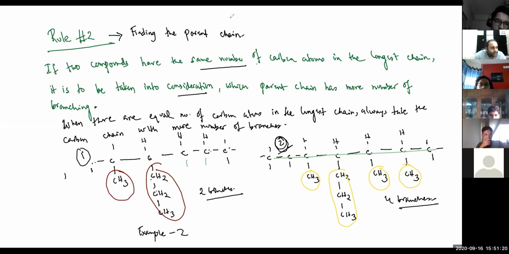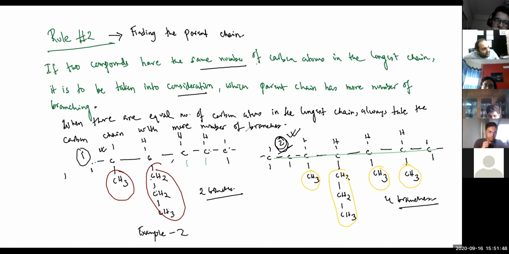If they ask you to select between these 2, which is the proper way of finding the parent chain? Is it this one or is it example 2? They have given you two examples of the same compound.